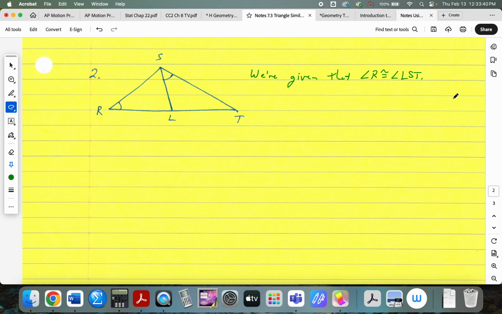Angle S, it's congruent to which angle S? There's three angles at S. This is not easy. It's part of why I do this example.